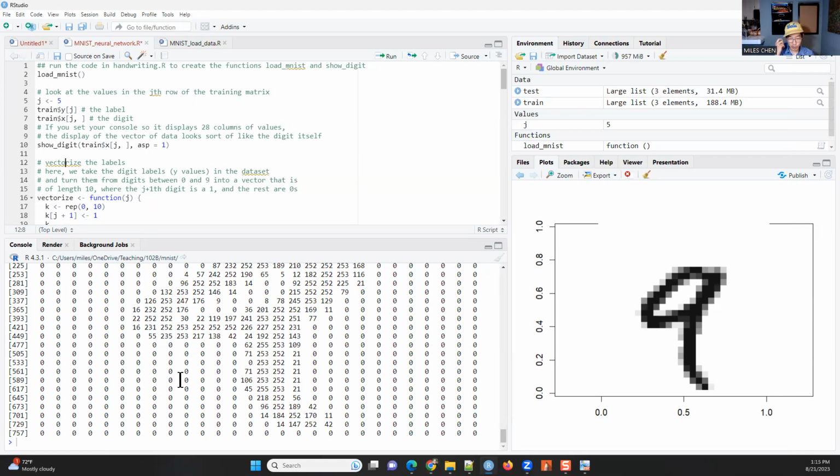And the reason we want 10 nodes and not 1 is that if we have 1 node, this is going to be a regression problem. And you might think, why can't we just predict a 0 or a 2 or 3 or 4 or 5 or 9 with a regression model? The problem with regression is the way we measure error: the difference between the actual value and the predicted value.